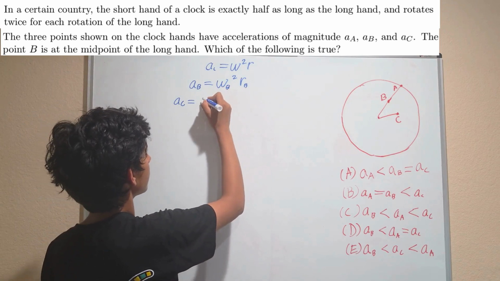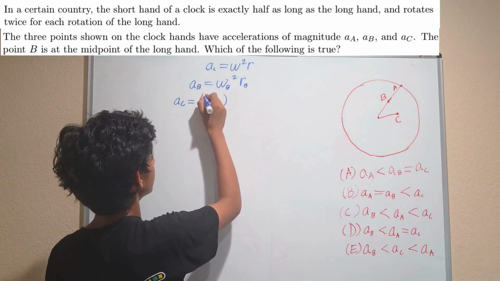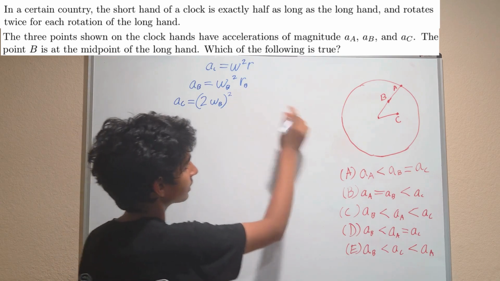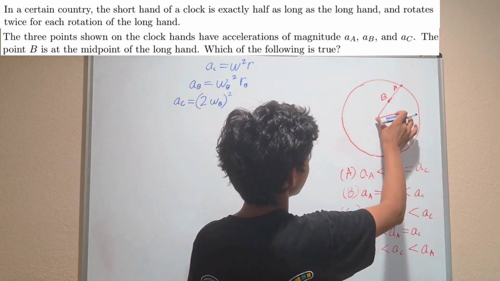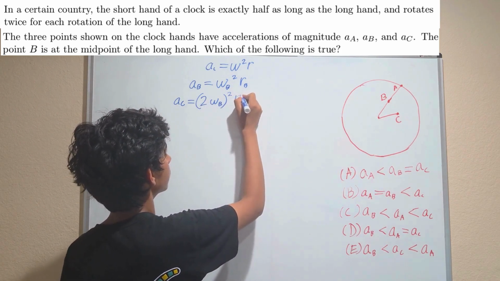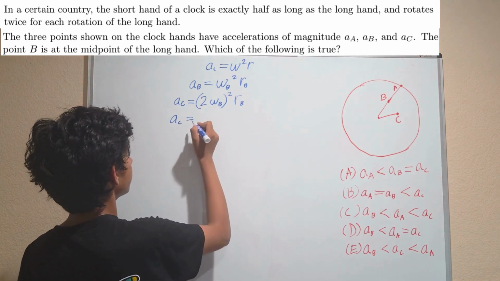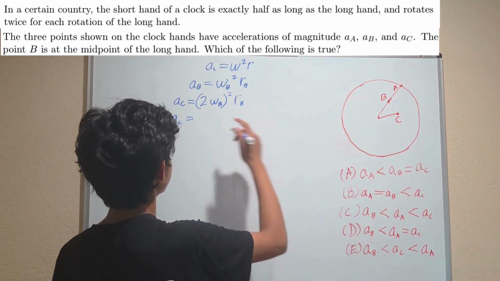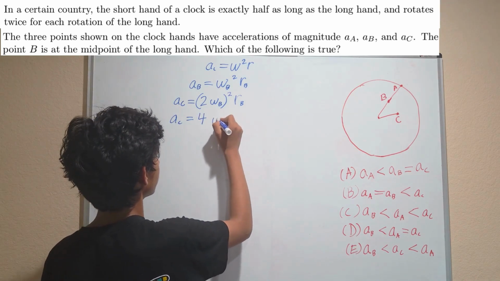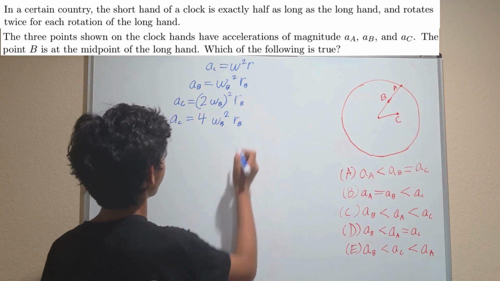So this is 2 times omega B, squared, times the radius of B, which is the same because this hand is half as long as this one and B is halfway along it. In other words, the magnitude of the acceleration of C is equal to 4 omega B squared times RB.